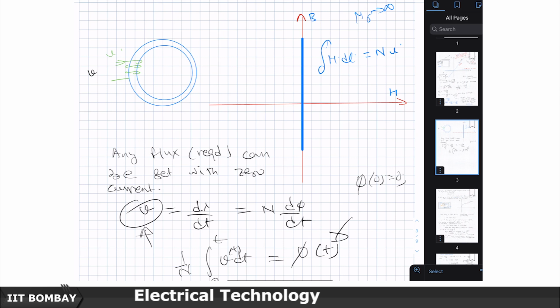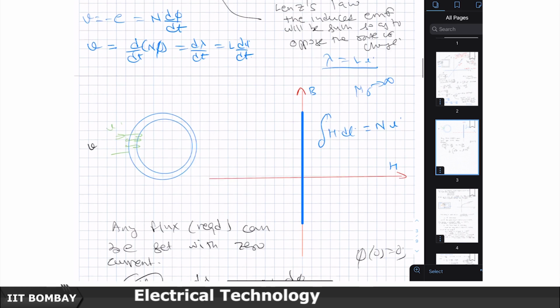H is amperes per meter, the magnetic field intensity. Once you know the length of the magnetic circuit, the path the flux lines are following, then H times L will become N times I, and knowing N, you will know the current which is required to set up this flux. This is essentially the essence of the way Ampere's law is applied.